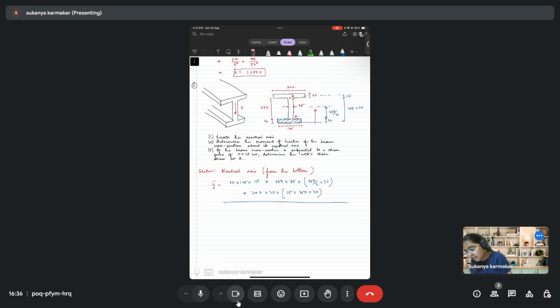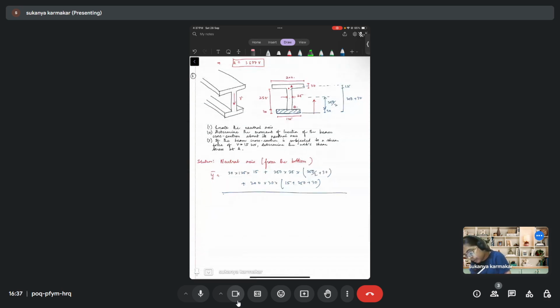This entire thing divided by the total area, which is 200 into 30 plus 250 into 25 plus 30 into 125.